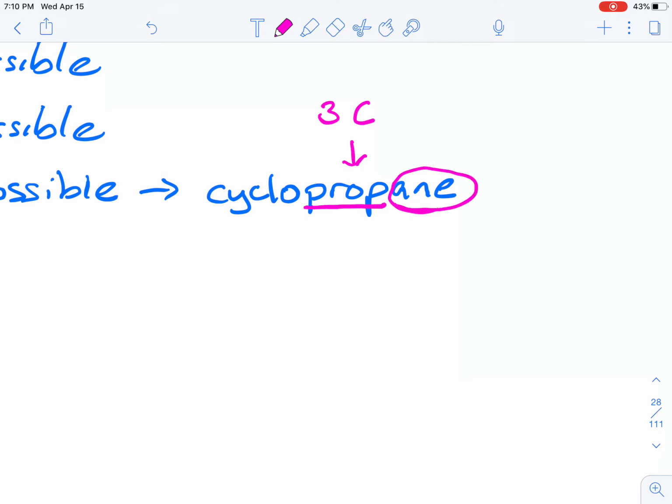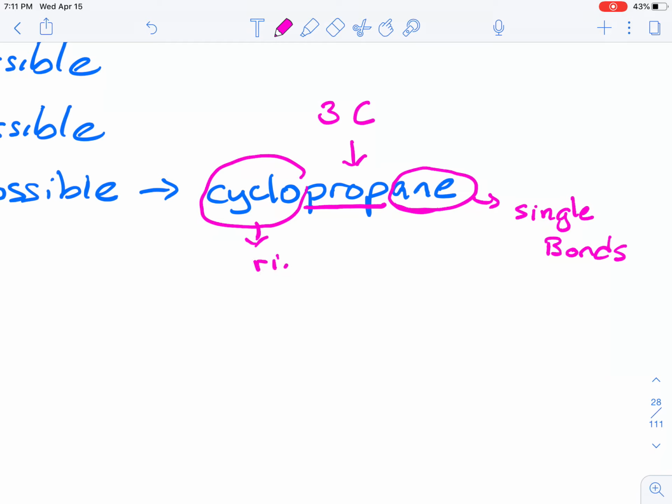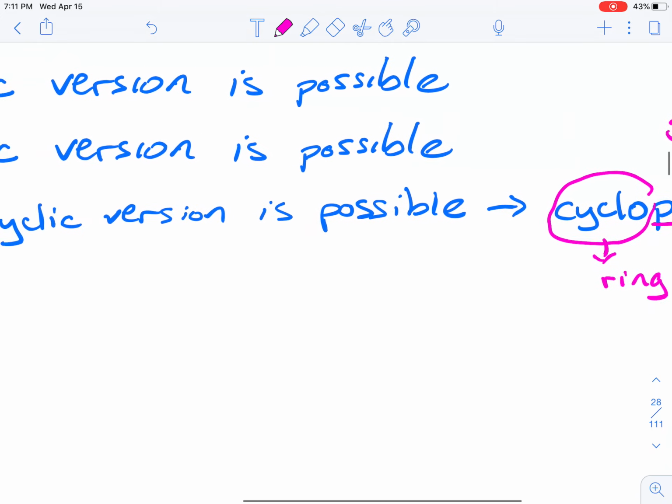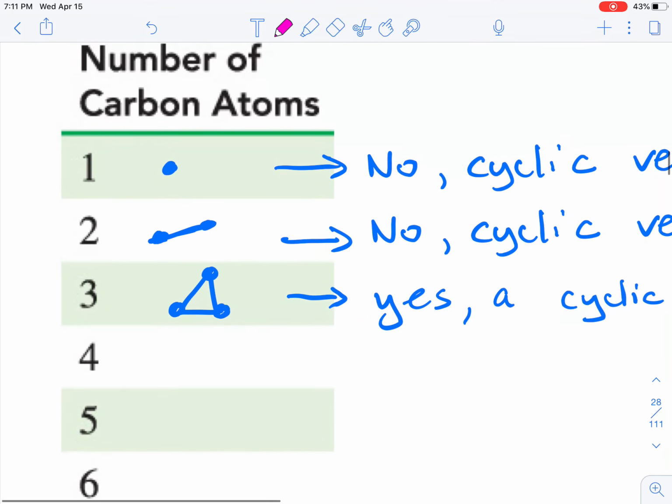This suffix ane is telling me that they're single bonds. And this addition of cyclo tells me that it's going to be enclosed. And so therefore, the name of this structure is cyclopropane.